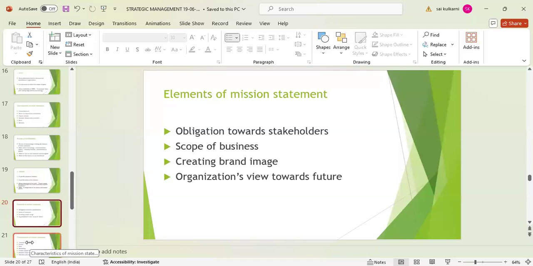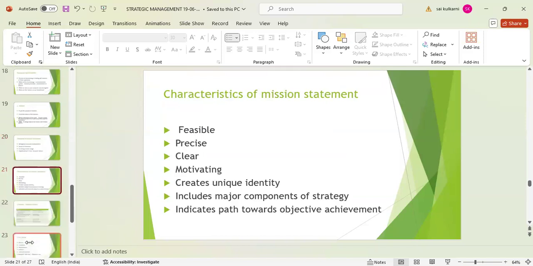Now we have discussed these two concepts, vision and mission. Both concepts are very important to know the business organization. There are some characteristics of a mission statement. When the mission statement is ideal, you are clarifying the objective and the direction of the business, the type of your business.